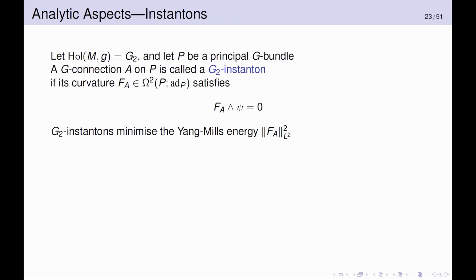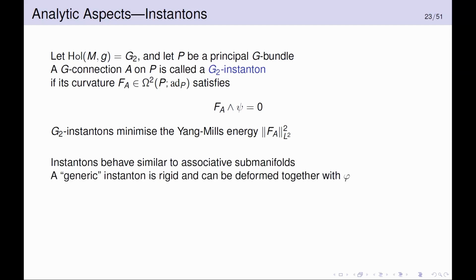This is a differential equation because the curvature arises by applying some differential operator to the connection itself. It's basically squaring the connection. So this is a nonlinear differential equation, even if it looks harmless. And the consequence of being a G2 instanton is that you minimize the Yang-Mills energy of that connection. Whatever the Yang-Mills energy is, if you don't know, don't worry.